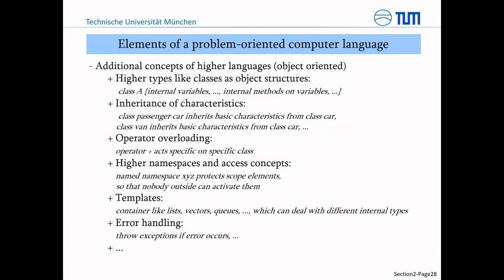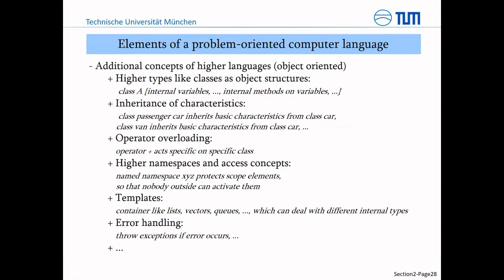You can also define your own operators, so that plus can be overloaded with new functionality. For example, if you define a type vector, the vector contains a sequence of elements, and this sequence of elements should be added. You can define now an operator which automatically adds the complete vector, so that you don't have to write your own for loop each time if you want to add, for example, vectors.